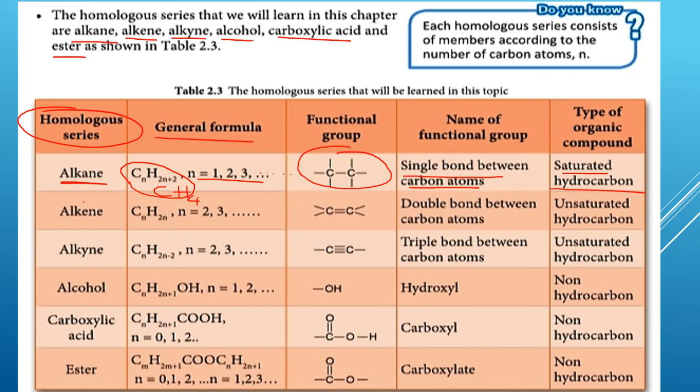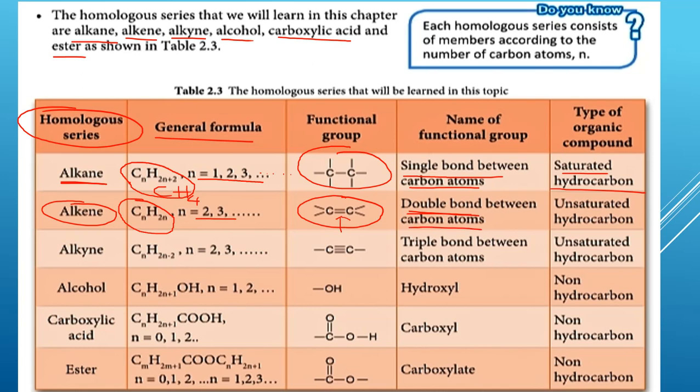Okay, how about alkene? Alkene general formula is CnH2n, and it starts from 2, not starting with 1. This is the functional group of alkene: kamu nampak di sini dia ada double bond di antara carbon atom itu. So the name of functional group is double bond between the carbon atoms.